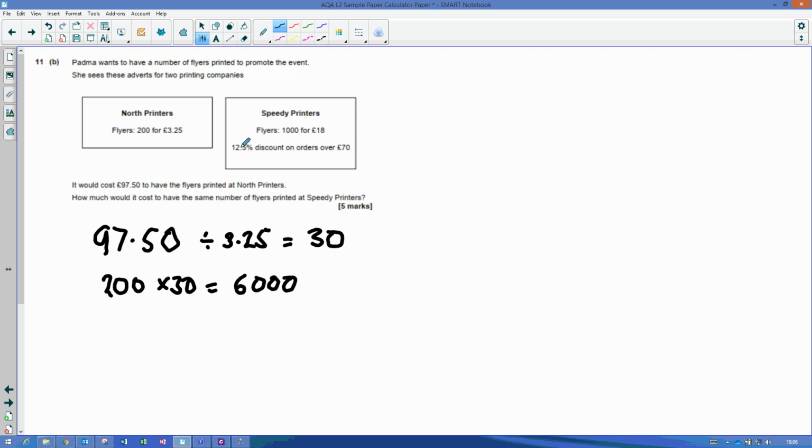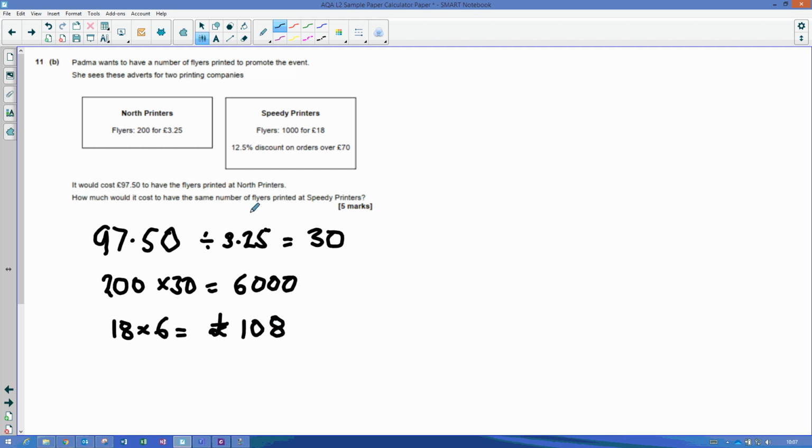So my next step is to work out what it would cost for 6,000 flyers from Speedy Printers. Well, we know the cost for 1,000, so we need 6 times that. So all we need to do is £18 times 6. And again, type that into a calculator and I get an answer of 108.